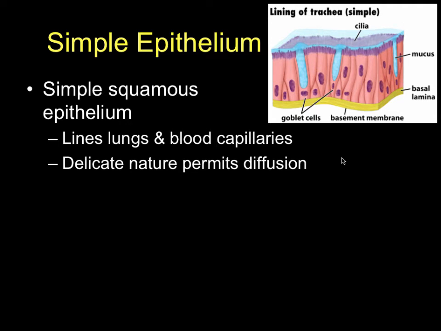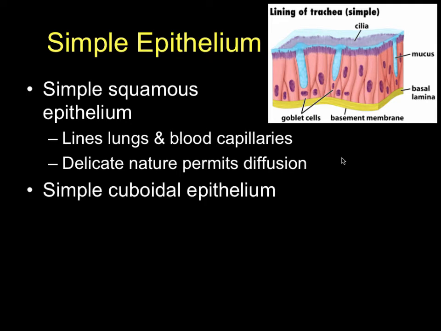They're not strong, they're not tough, they're not durable, they don't take a lot of wear and tear, but they're very delicate, they're very thin, and they're very, very good at allowing materials to pass through. So the lung lining of your alveoli, the air sacs in your lungs, as well as the lining of your capillaries, tends to be simple squamous epithelium because that represents a shorter distance for these gases to cover.